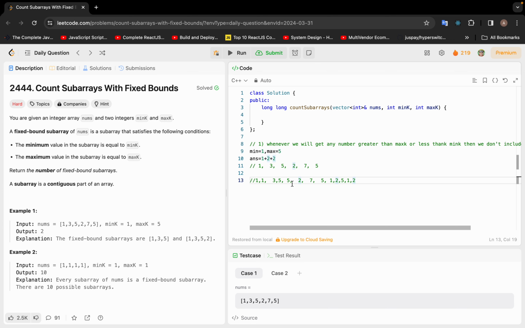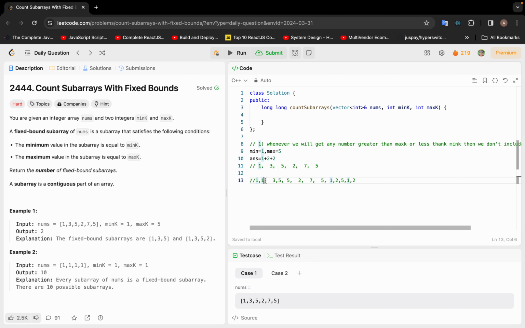If you observe, there are only 2 subarrays if I include 2 or 5, because the minimum of this 1 index and this 5 index is the 1st index.